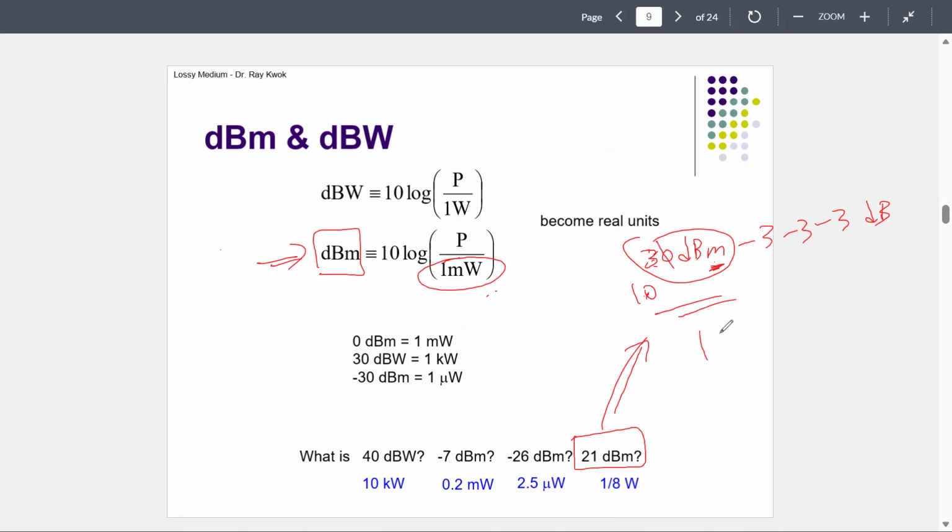So 30 dBm is 1 watt, 1,000 milliwatts. And then minus 3 is 1/2, 1/2, 1/2. So multiply together, 1/8 of a watt, 0.125 watts. You can play with this. If you try it and didn't get it, come see me.